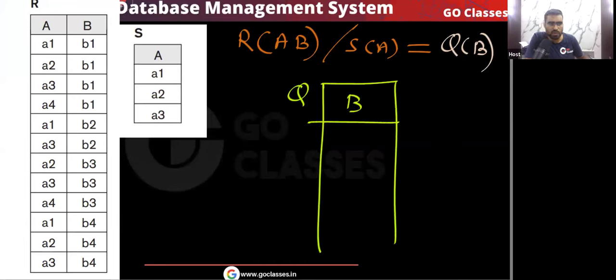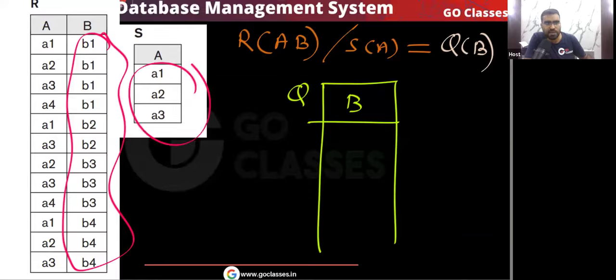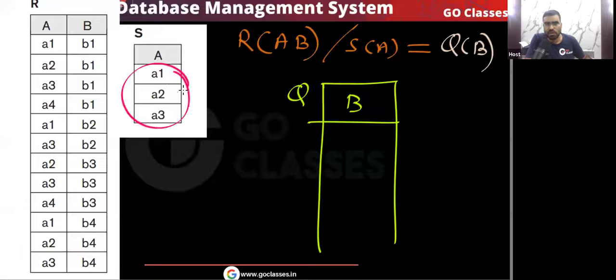Those B values which pair with every S value. So tell me which B value is pairing with every S value: A1, A2, A3. B1 is pairing with A1, A2, A3. So yes, B1 will come.